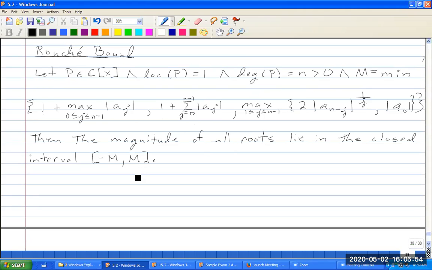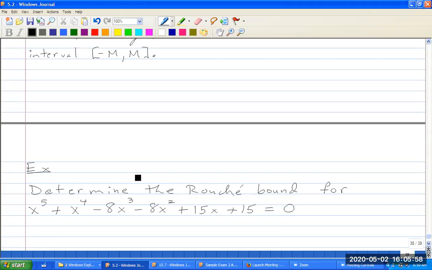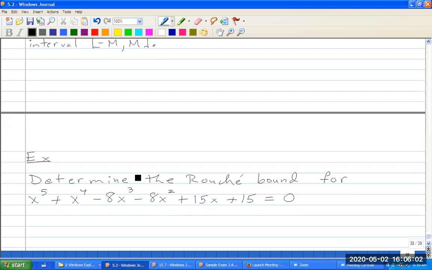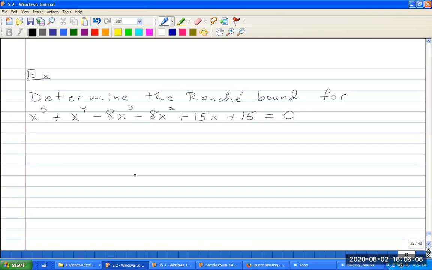Okay, so let's do the next example. So I want to determine Roche's bound for the following polynomial: x to the 5 plus x to the 4 minus 8x to the third minus 8x squared plus 15x plus 15.